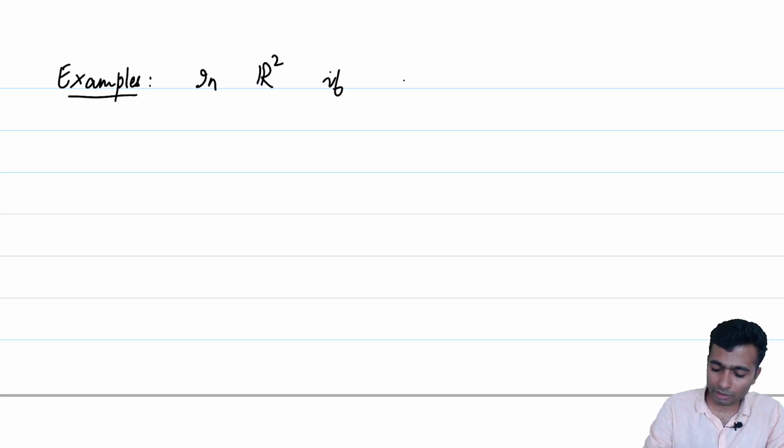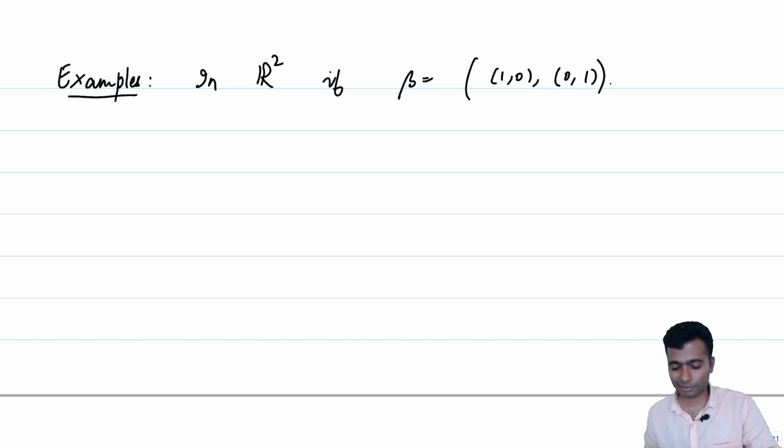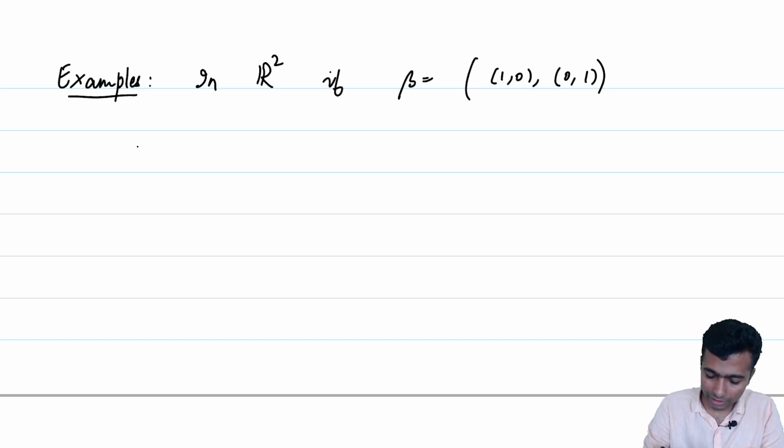if beta is just say (1, 0) and (0, 1), here we don't really need to do this exercise because it's quite straightforward already.